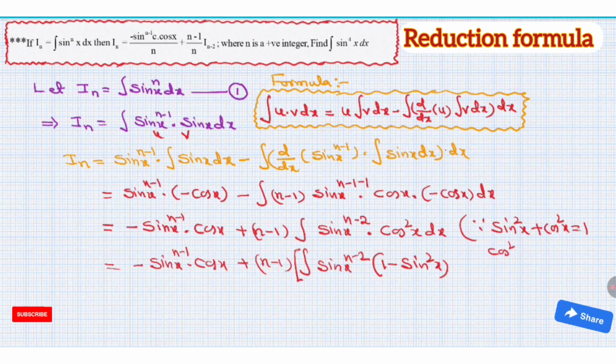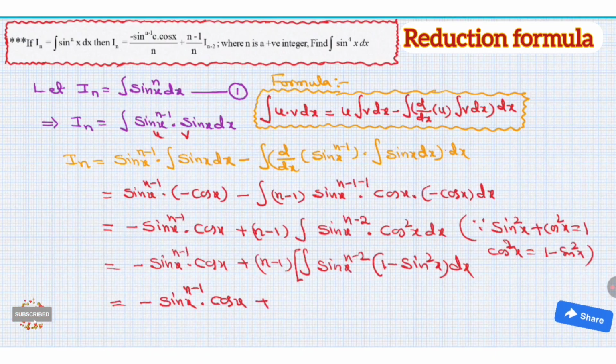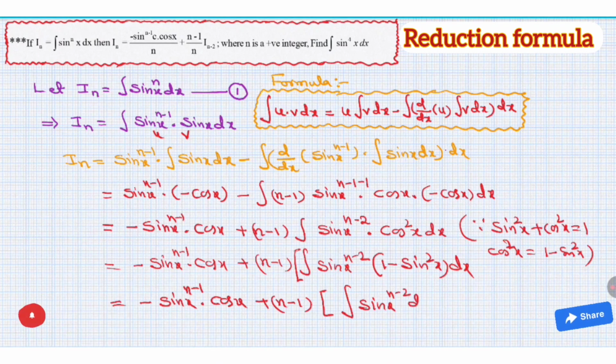Now write cos square x is equal to 1 minus sin square x, into dx is equal to minus sin x power n minus 1 into cos x plus n minus 1 into integration sin x power n minus 2 into 1 plus 2 into dx.